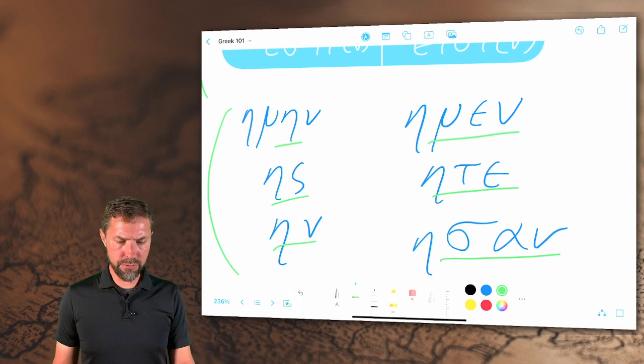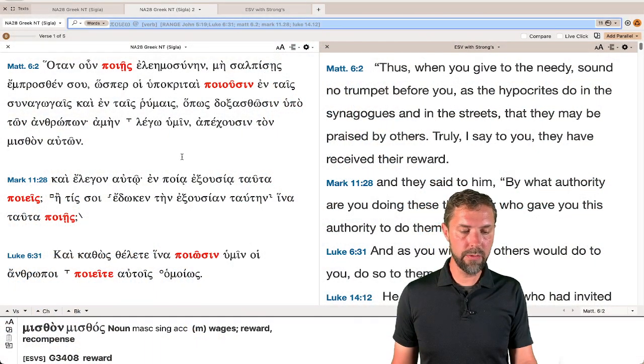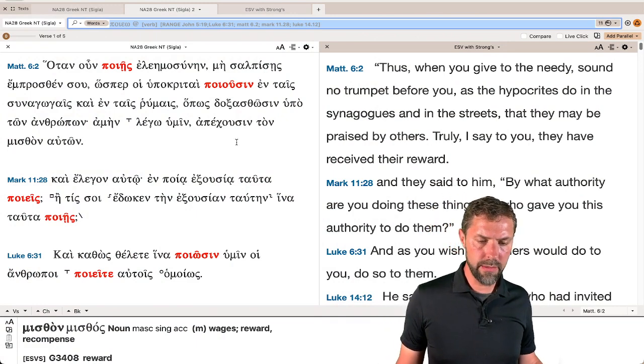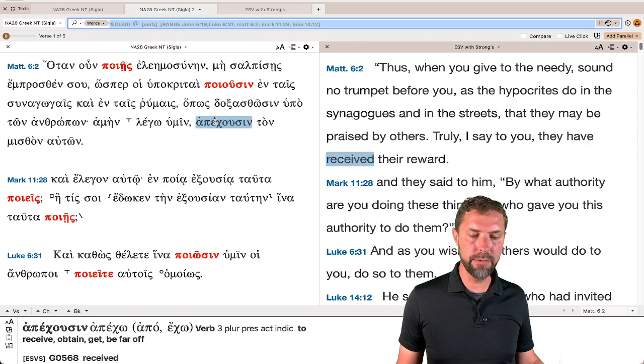I do want to take a moment here, and let's look at a couple of examples where the contract verbs maybe make a bit of a difference in our interpretation. So this is running down forms mainly of poieo, but I think it points out some differences.